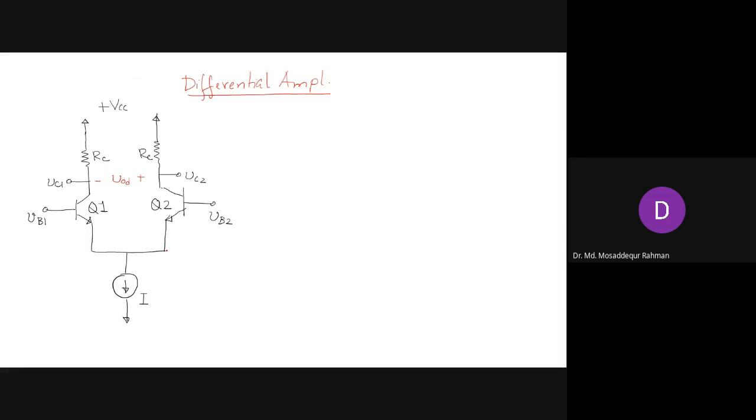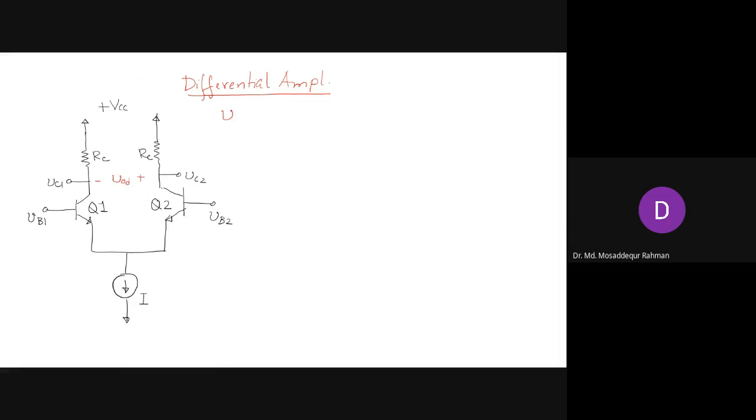It is connected to the emitter of another common emitter amplifier. And there are two inputs, and we can take output from either of the collectors, which we denote as VC1 or VC2, or we can take output differentially between these two collectors, which is denoted as VOD. VOD is the difference between VC2 and VC1.